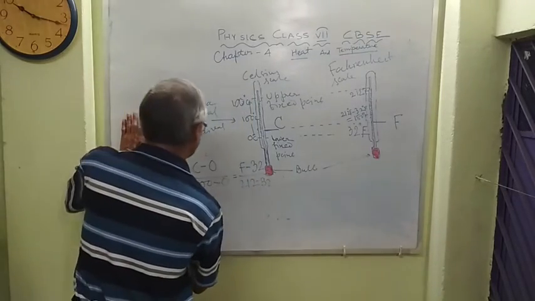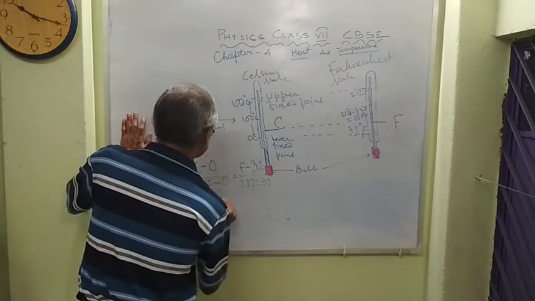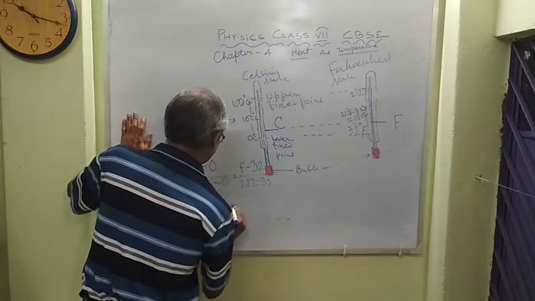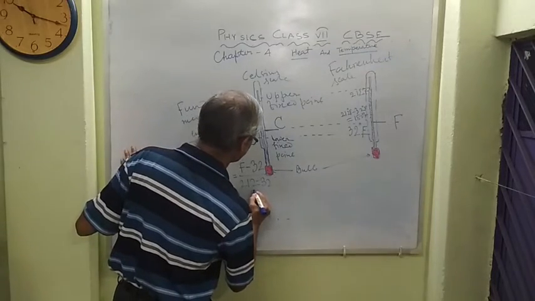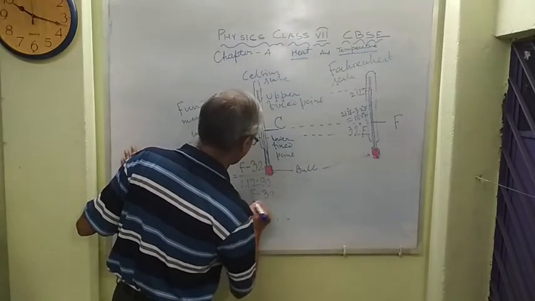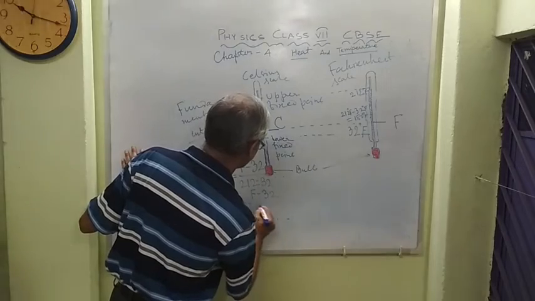We have C by 100 equal to F minus 32 by 180.